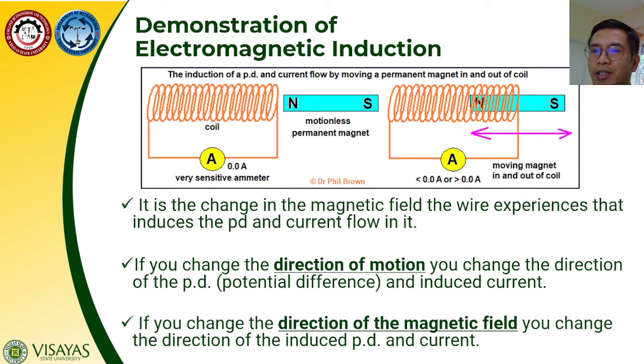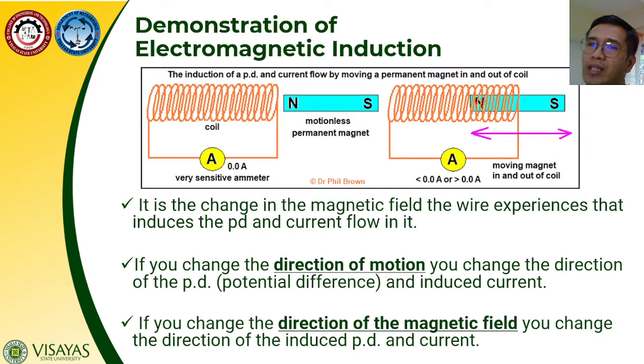Or in other words, if we change the direction of the magnetic field, we also change the direction of the induced potential difference and the current. So, reversing one thing reverses another. And we only get an induced potential difference with movement. So if both of them are stationary, walay ma-induce nga potential difference.